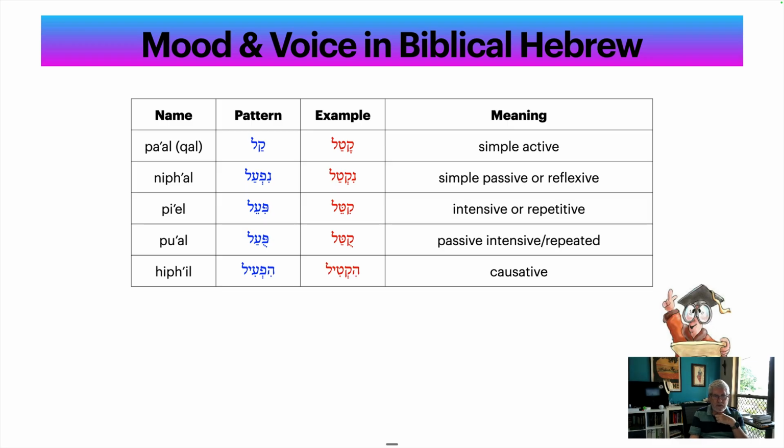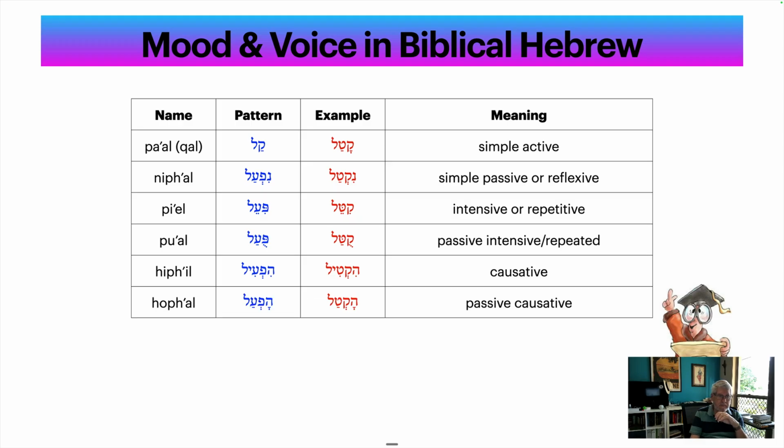Hiphil is causative, to cause something to happen. We don't really have a direct equivalent to that in English, but it is a fairly important and common form in Biblical Hebrew.